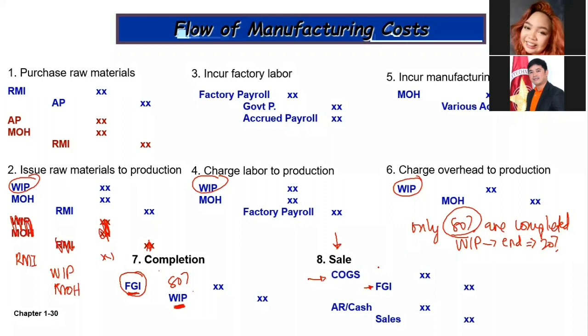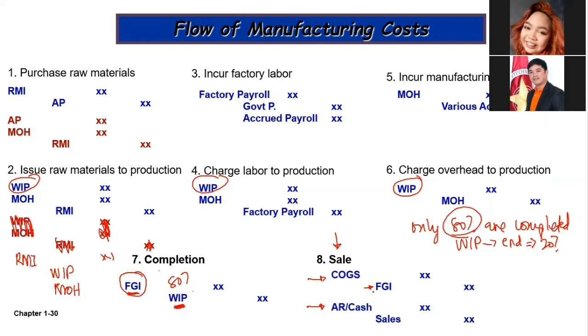Debit accounts receivable or cash, and credit sales. So it depends if on account or for cash yung ating sales. But of course, most of the time, AR po. Pero syempre, it depends on the problem na ibibigay ng examiner. Okay, so I hope that's clear. So yan yung flow ng manufacturing cost natin.